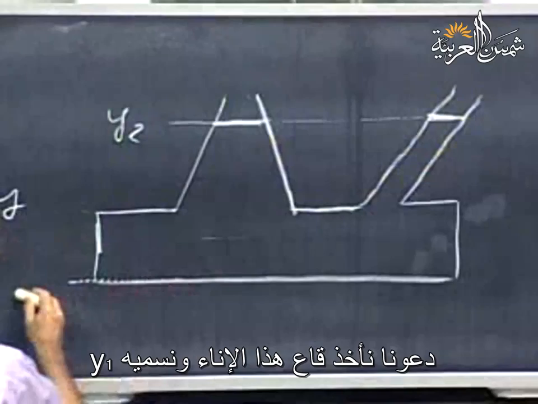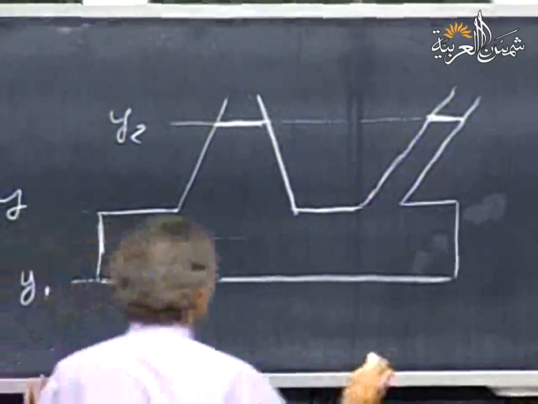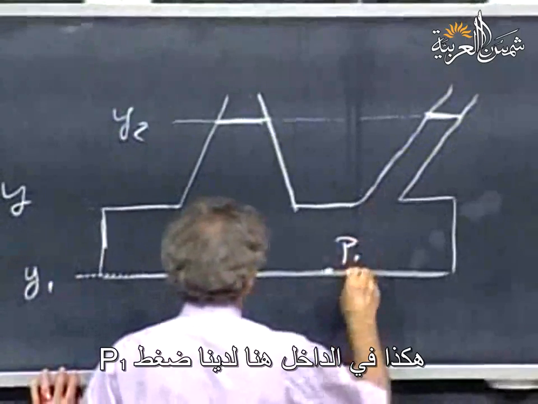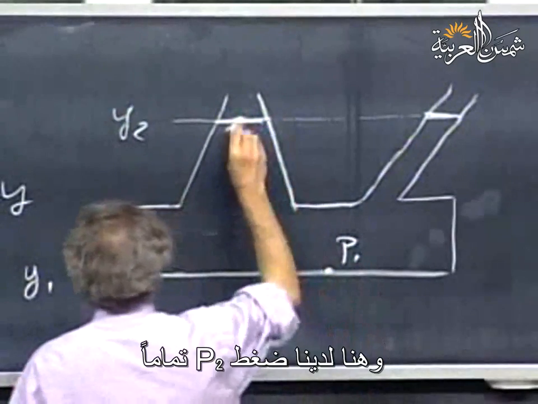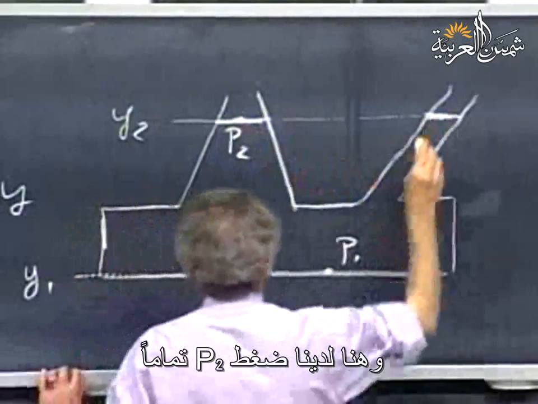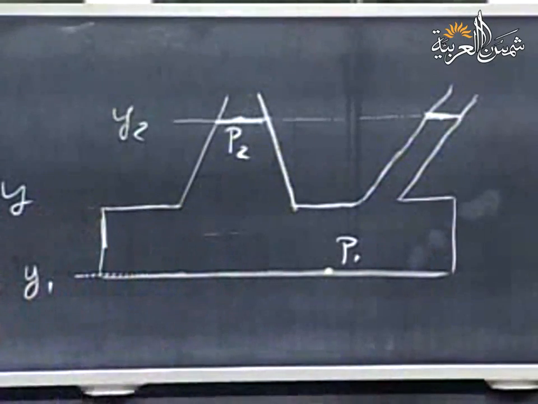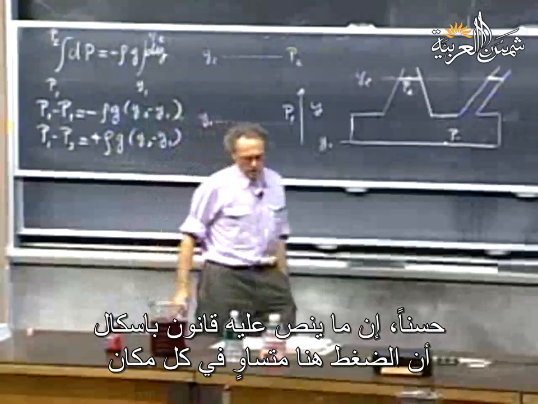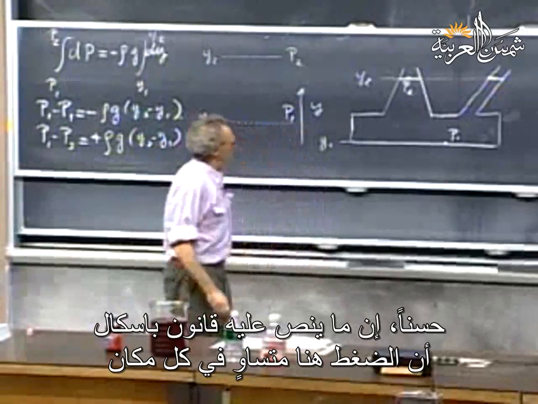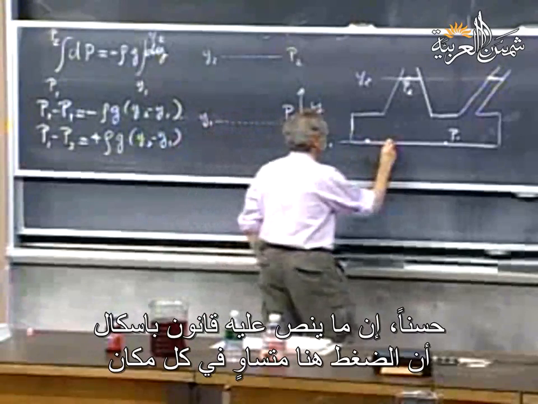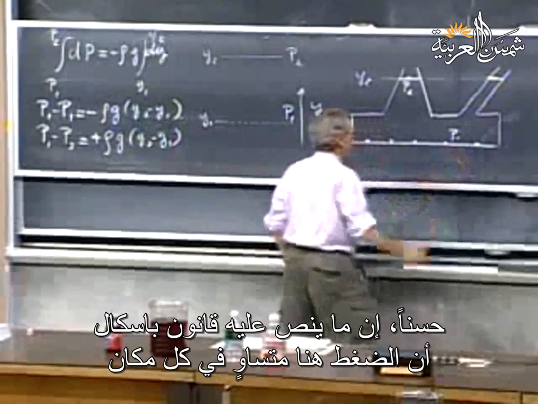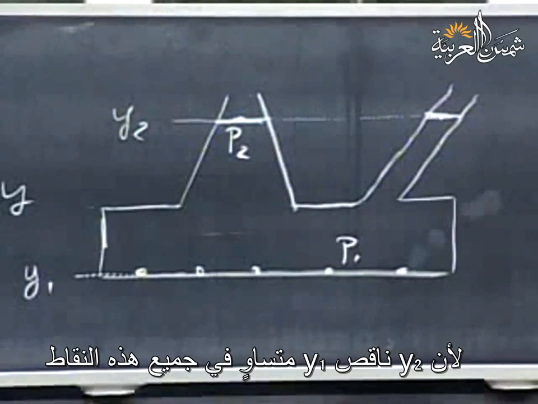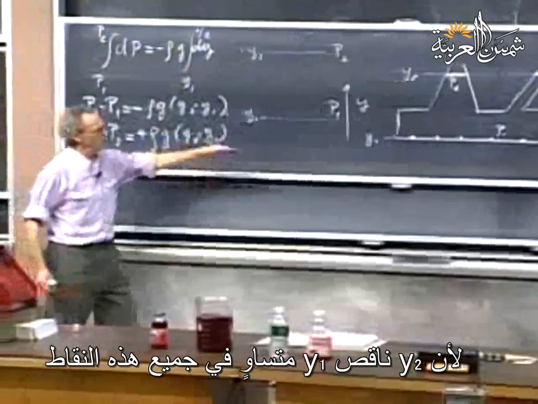And let's take the bottom of this vessel and call this Y1. So inside here we have pressure P1, and right there we have pressure P2. Well, what Pascal is saying now is that the pressure here is everywhere the same, because Y2 minus Y1 is the same for all these points here.